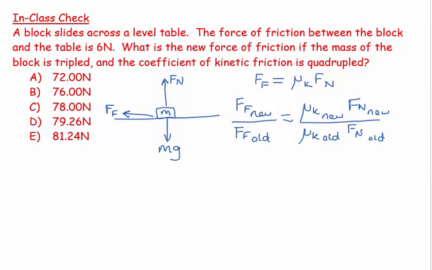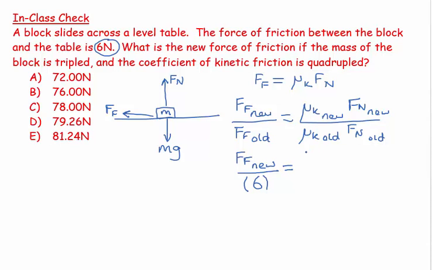And with those in mind, it becomes a mathematical substitution problem. So Ff new over, what was the value? The value was 6 newtons. The force of friction between the block and the table is 6 newtons. So this was 6 newtons before I made any changes.